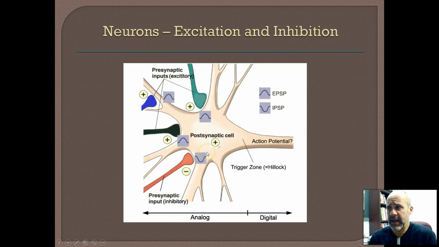inhibitory makes it less likely that you're going to reach threshold over here at the axon hillock. So it's the combination of all that influence, that combination of excitatory postsynaptic potentials and inhibitory postsynaptic potentials, that ultimately determines whether this neuron is going to generate its own.